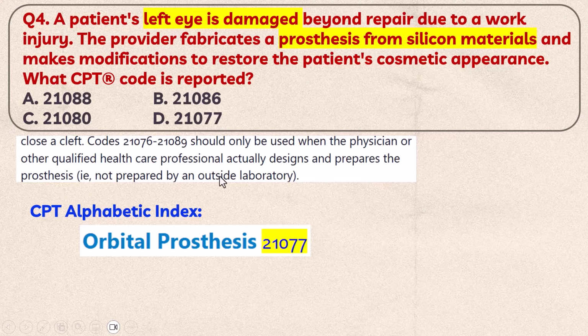When you read the code description on the top, it says codes 21,076 to 89 should only be used when the physician or other qualified healthcare professional actually designs and prepares the prosthesis. In this case, the provider fabricates the prosthesis from silicon material and makes modifications to restore the patient's cosmetic appearance. So the code is correctly matching here.